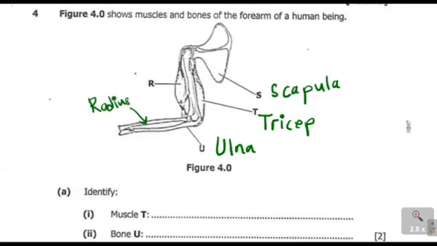Then the muscle labeled R, this is called the bicep muscle. So these are the parts.